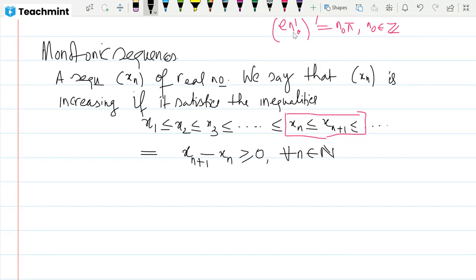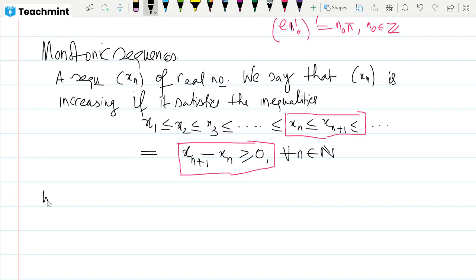I will use this in the problem sections. Is the definition clear to you? Yes, sir.